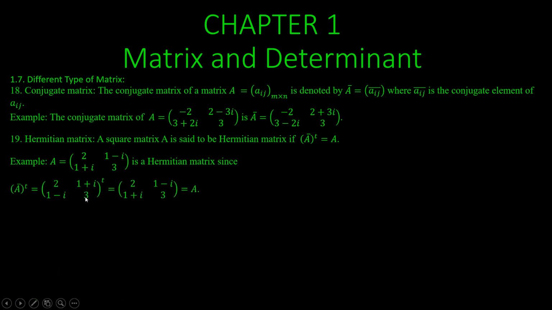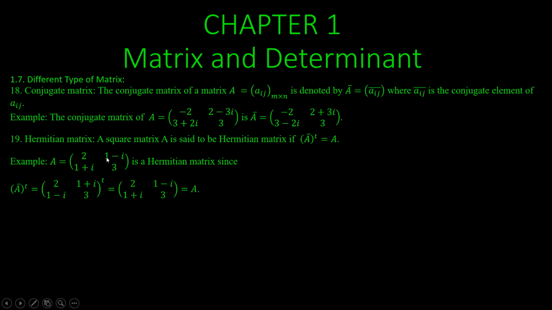Why Hermitian matrix? Because first of all, we write down the conjugate matrix of it. We take the conjugate matrix of the given matrix A. So conjugate matrix means we have to change the complex entries, that means we have to write down the conjugate complex of the given complex entries.